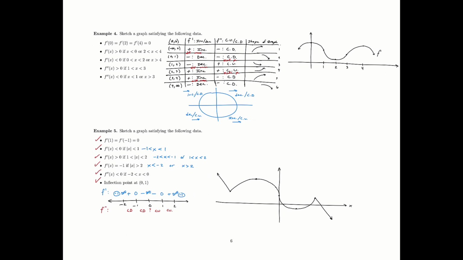There we go. So labeling things, we have 0, 1, it's our inflection point. We have -1, we have -2, we have 1, we have 2. That graph satisfies it.